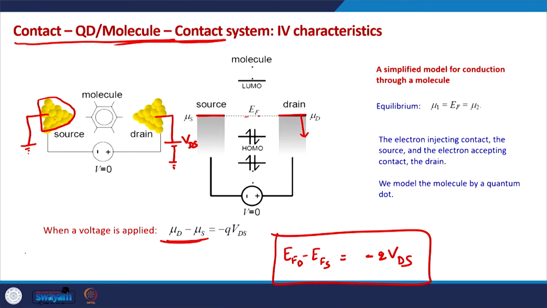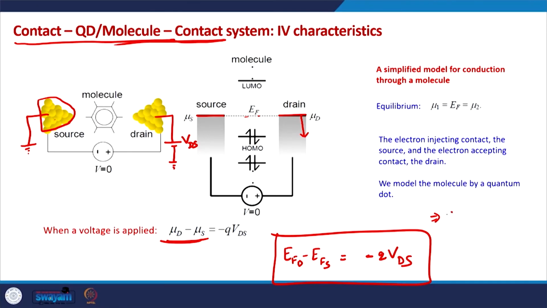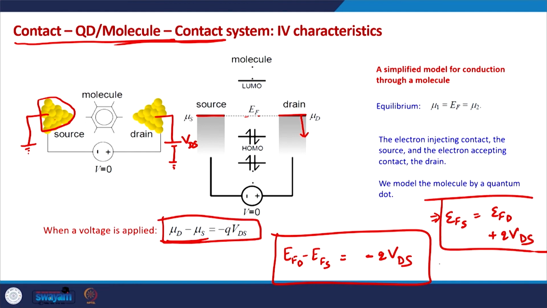Sorry for this, because the drain Fermi level is now below the source Fermi level, which means EFS is EFD plus Q times VDS. Yeah, so this equation is also correct, and this is the correct relationship between the source and the drain Fermi levels. But we need to understand where this voltage drops.